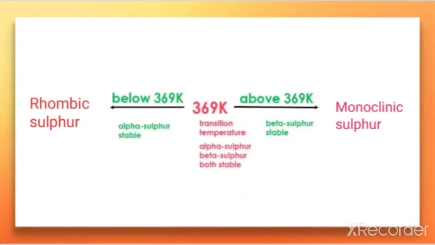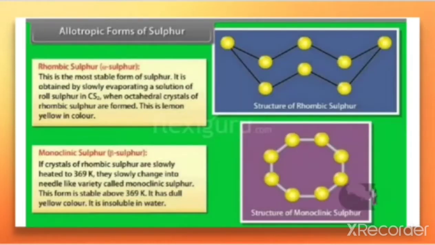So we can say that rhombic sulfur is the allotrope of sulfur which is stable at room temperature. The most stable form of sulfur at room temperature is rhombic sulfur, which is also called alpha sulfur.